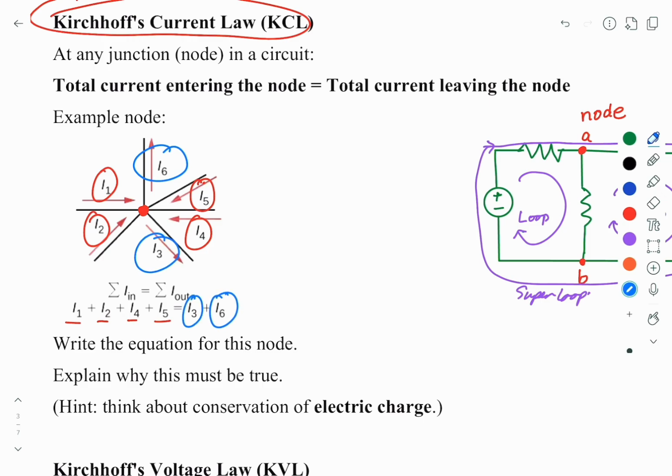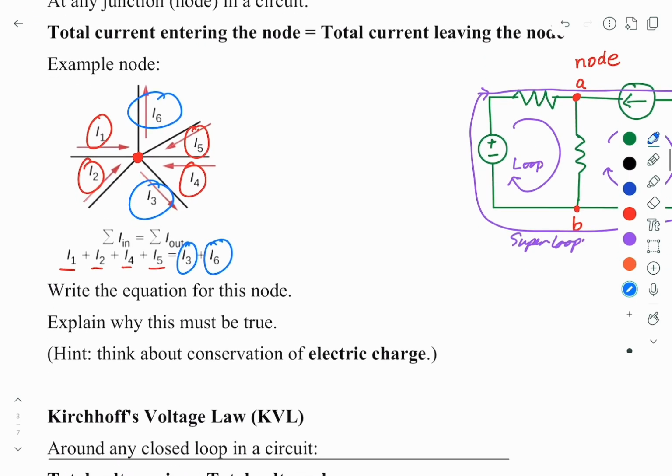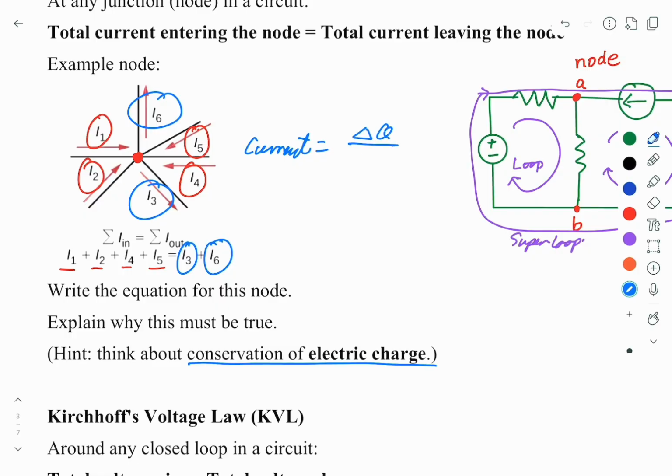This rule is based on one basic physics principle, which is the conservation of electric charge, because current is the rate of change of charge. So if we just consider in 1 second how much charge flows into this junction, it must equal the amount of charge flowing out of the junction, because the charge must be conserved.